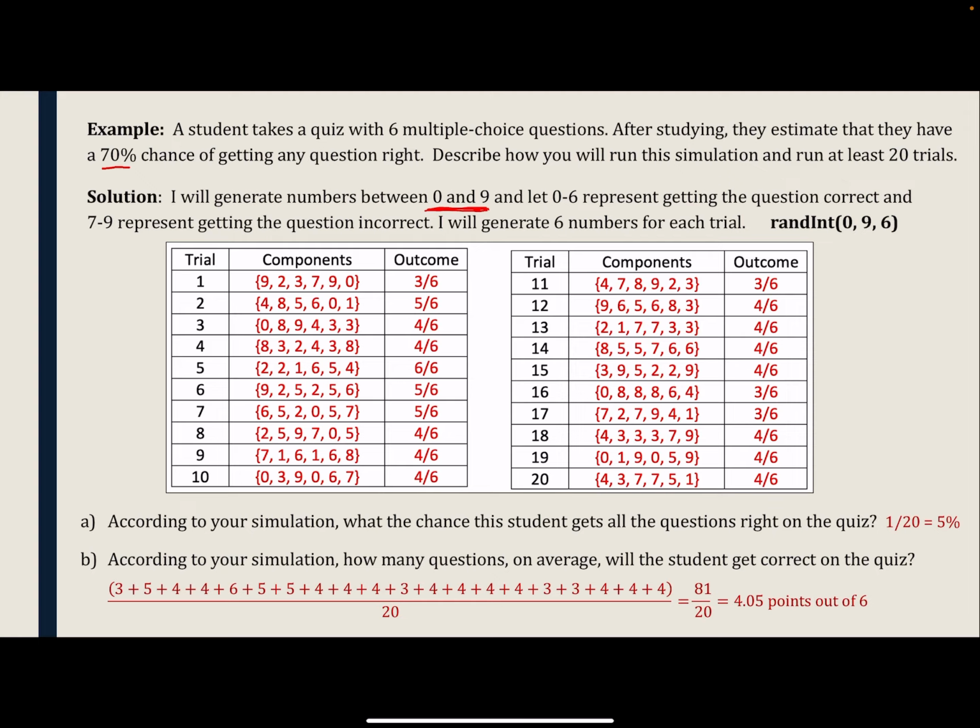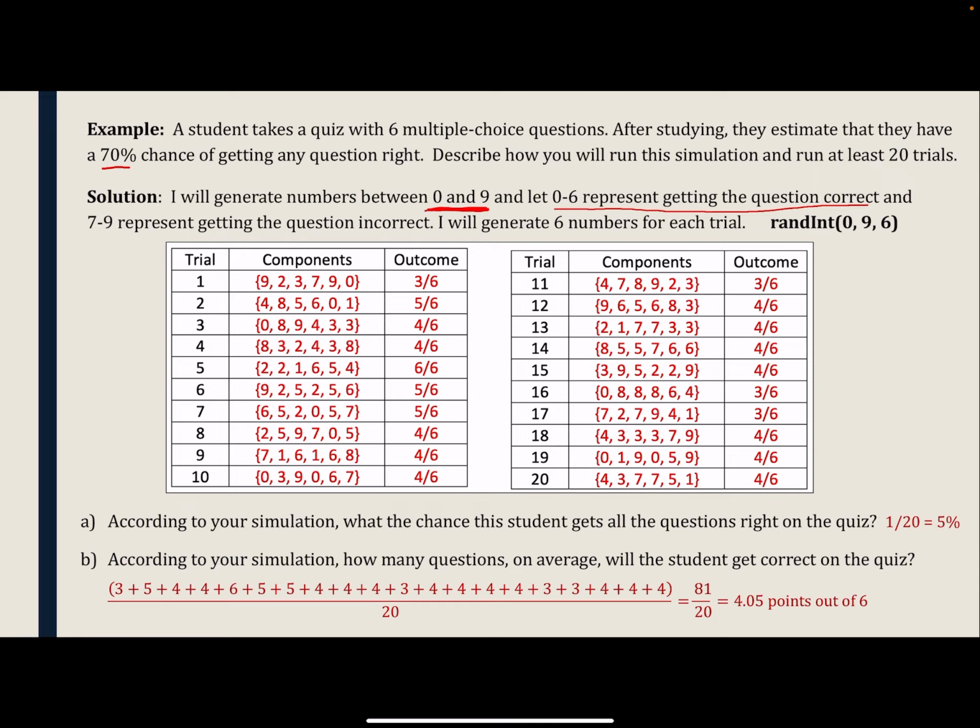But there are 10 numbers between 0 and 9. And because this is a 70% chance of getting the question right, I want to make sure that I let 7 of those numbers represent getting a question right. So I'm going to let 0 through 6 represent getting the question correct.